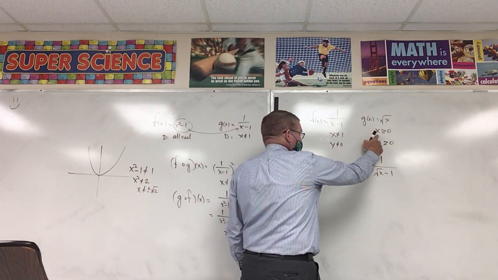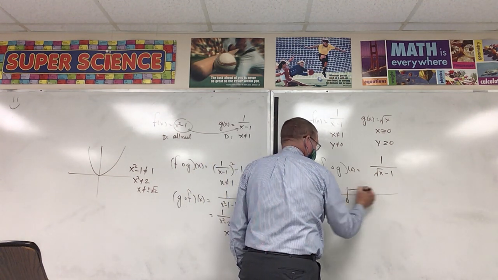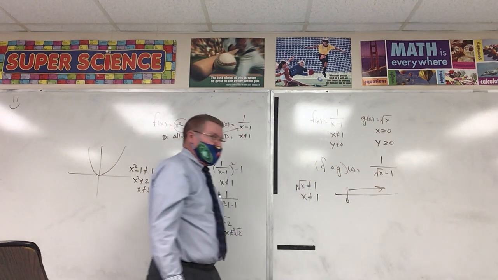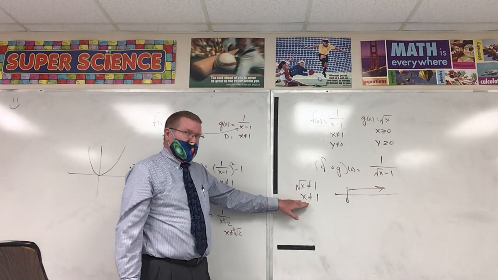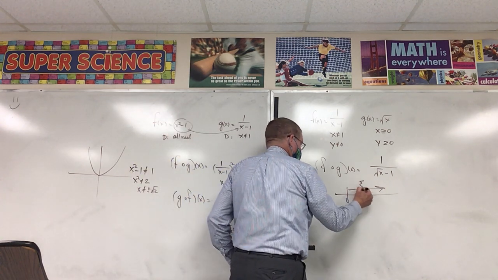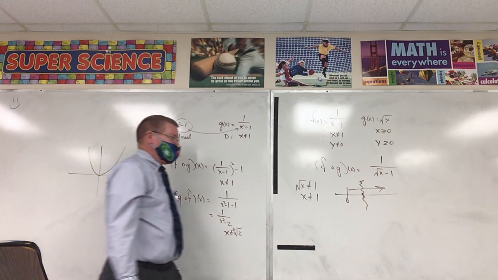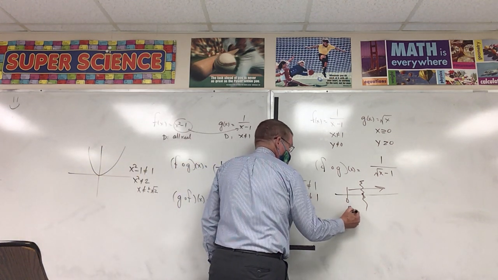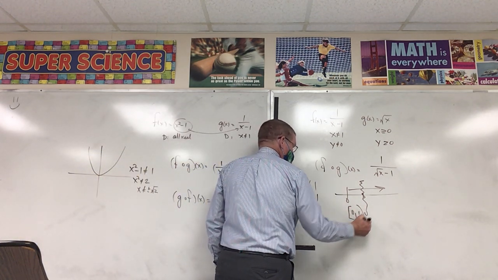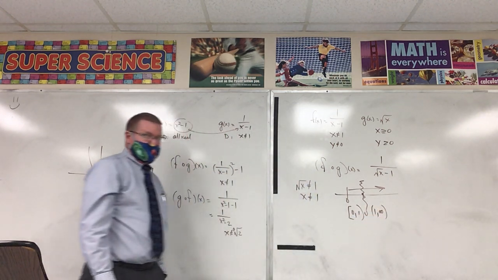So already I know that I can only use from 0 to infinity. Now when I compose them, I know I cannot use 1. So therefore, what's my domain? 0 to 1, and 1 to infinity is my domain.